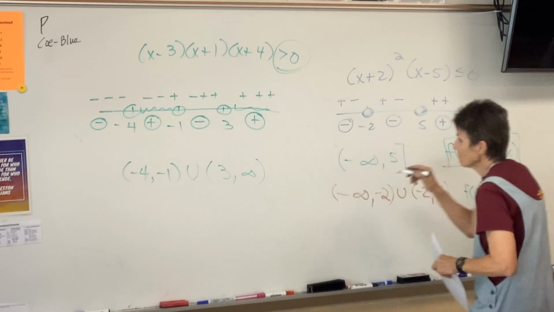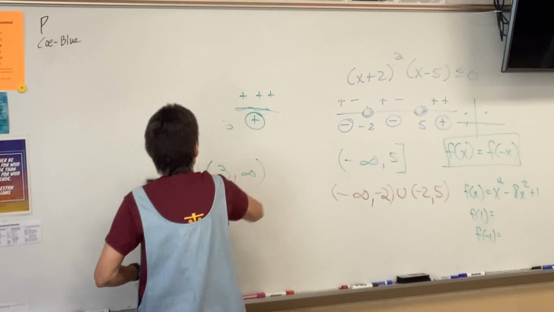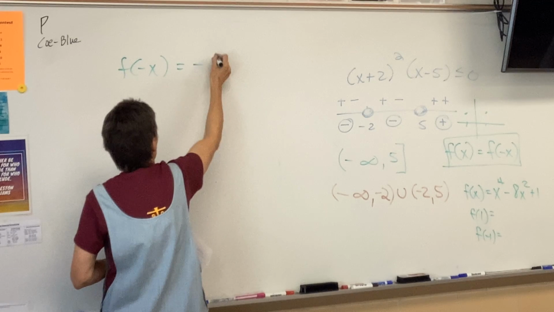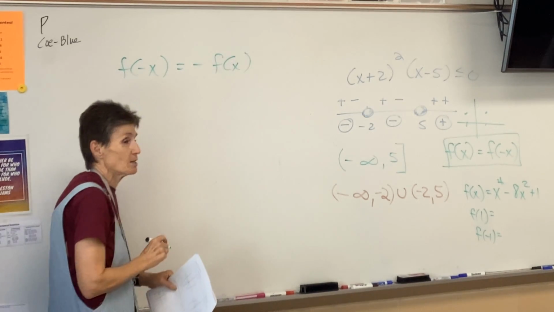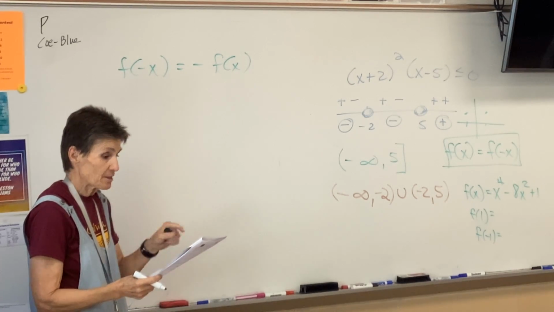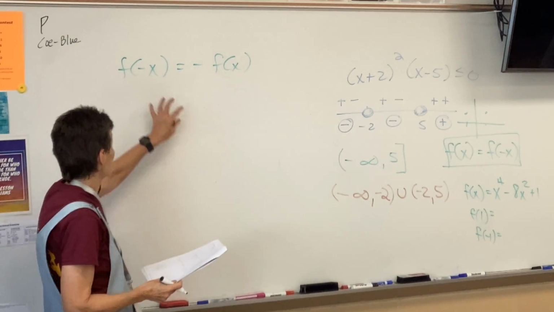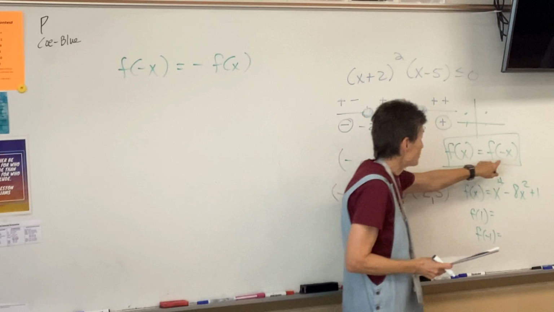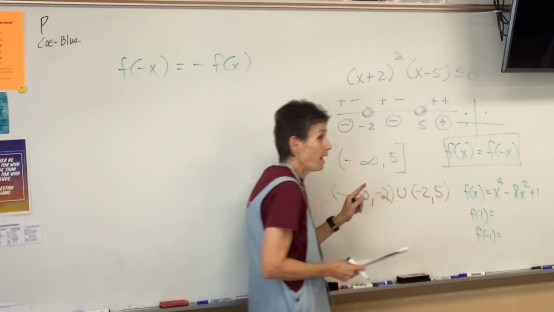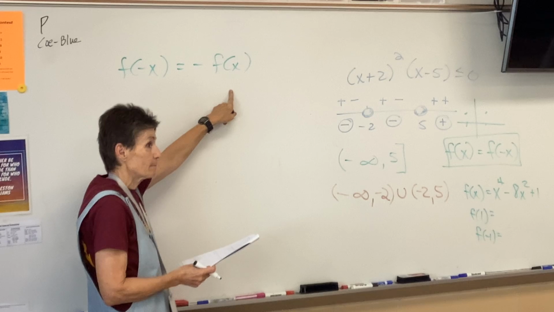In other words, for symmetry about the origin, if you change the sign on x, you will also end up changing the sign on y. Okay? That's your definition for odd. Symmetry about the origin. For even, if you change the sign on x, it doesn't change anything. For odd, if you change the sign on x, you're going to change the sign on y.